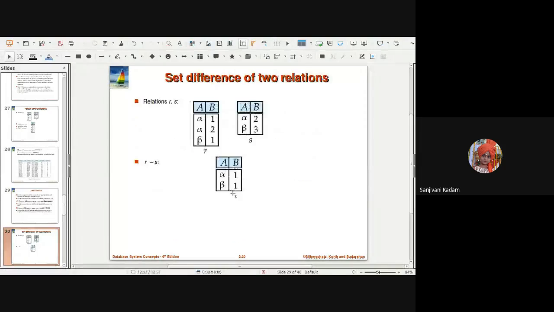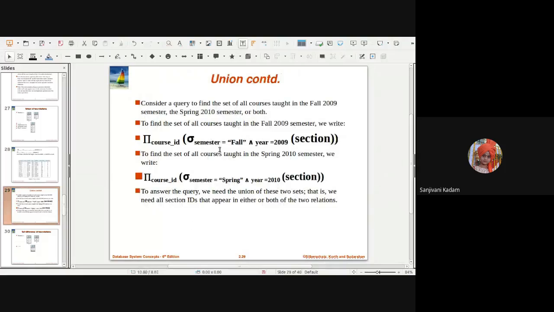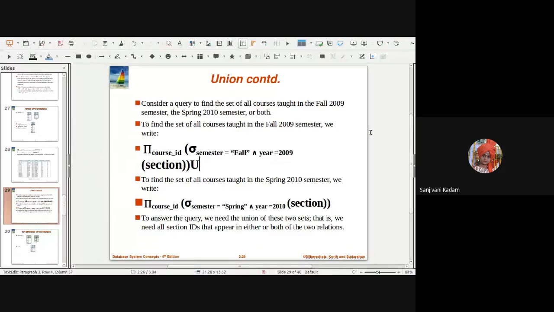Okay. So here one more example is given. Sorry, this is a set difference operation. So for combining this query, here we will write the union operation, this union symbol, and then we'll combine the result of the next query. So this is how we are using the union operation. Course IDs which satisfy this condition will be part of the output, and those course IDs which satisfy this condition will also be part of the output.